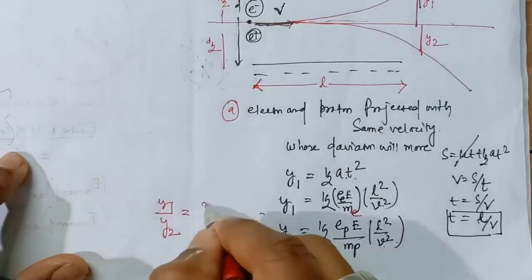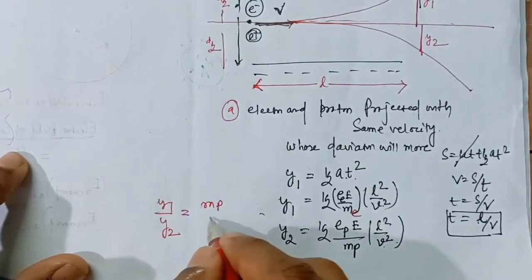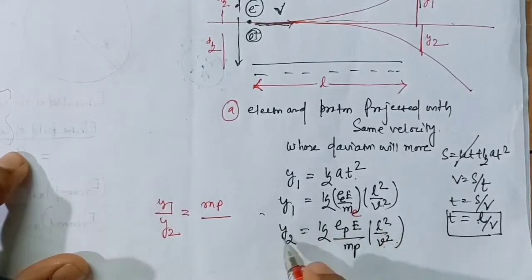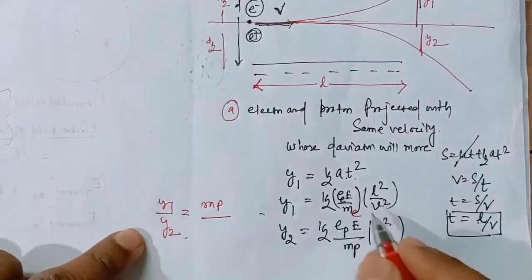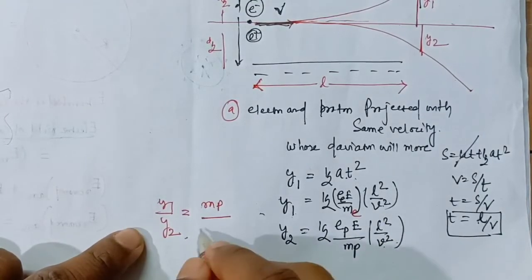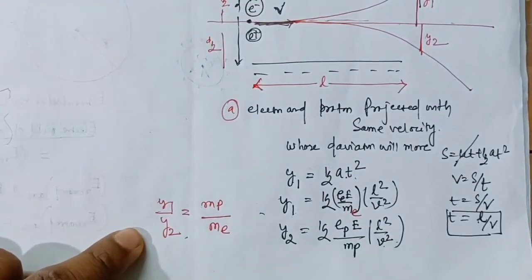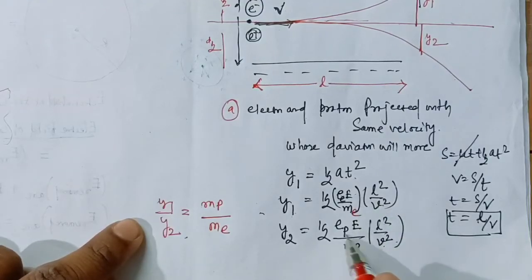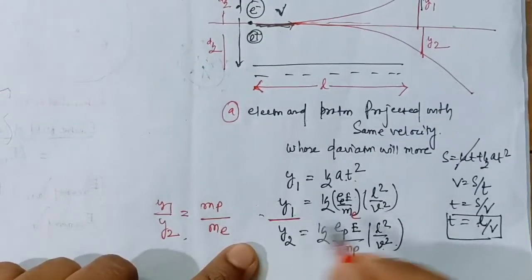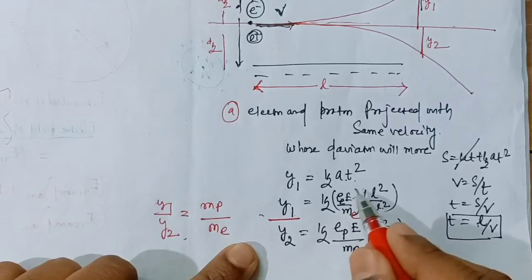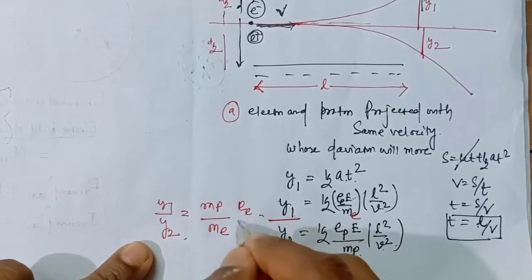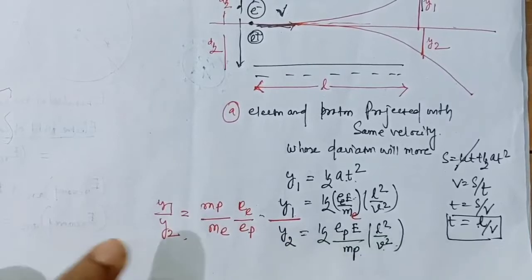I get mass of proton upon mass of electron, m_p over m_e, with the charge terms qE in the ratio, and m_p goes to this side, so it is charge of electron upon charge of proton.